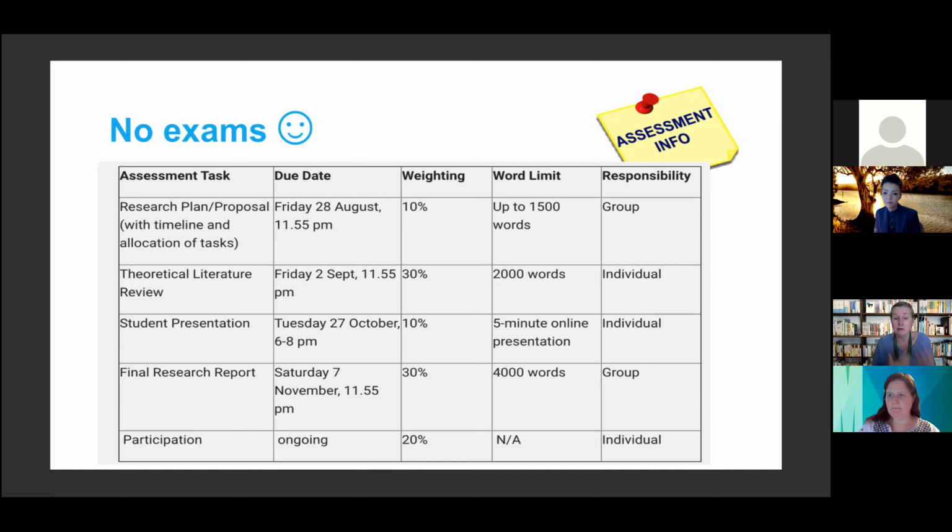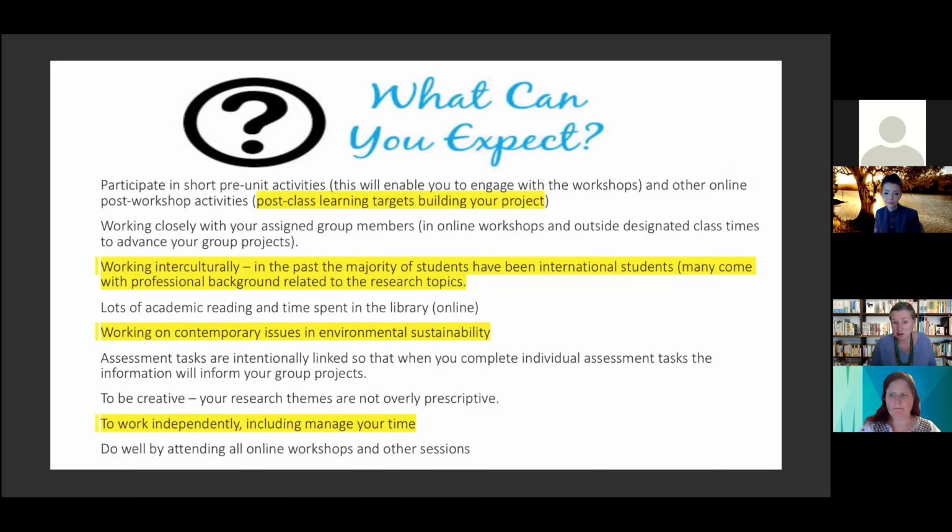And then there's a final research project that's presented at the end in your group. It's 4,000 words. We've also allocated quite a few points to participation, because you need to participate not only individually, but actively within your group. So that's pretty important too. In terms of what you can expect, there are some short pre-unit activities, and there are post-class learning targets to build your project.